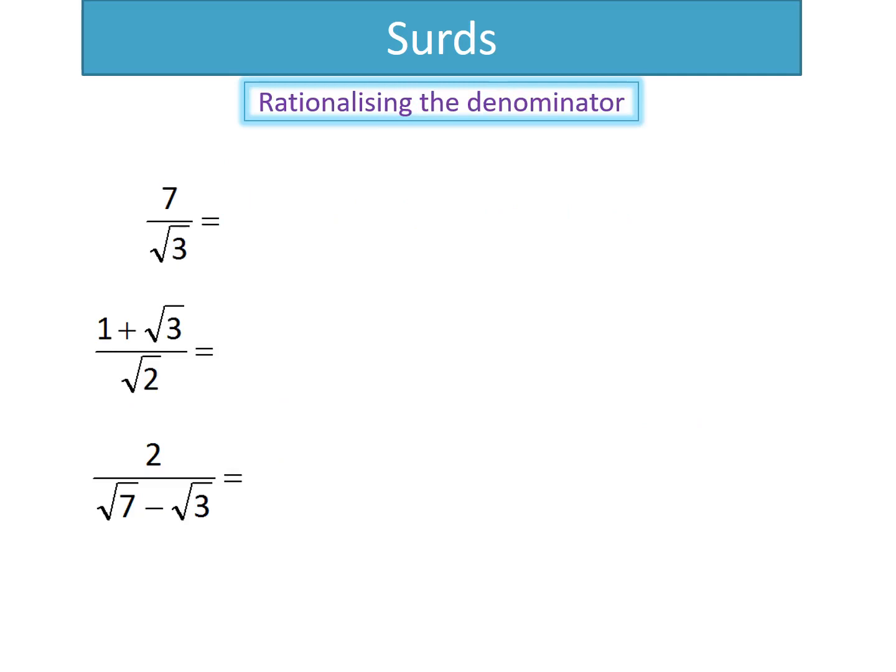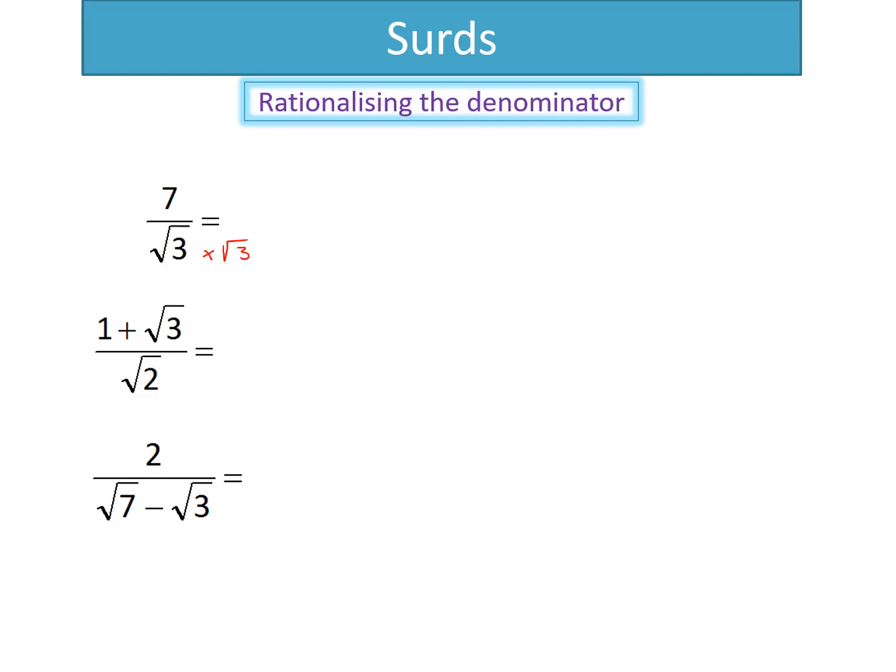So when you have to rationalize the denominator, it means that you don't want to have the surd in the denominator. So in my first example, I've got root 3 as my denominator. So to get rid of that, I'm going to times this denominator by root 3. But remember, we want to keep the value of the fraction the same.